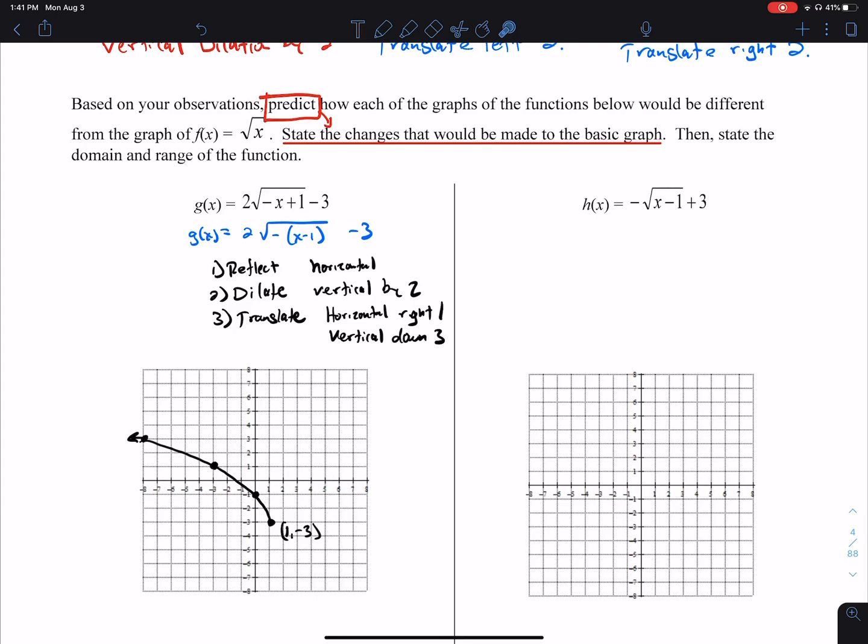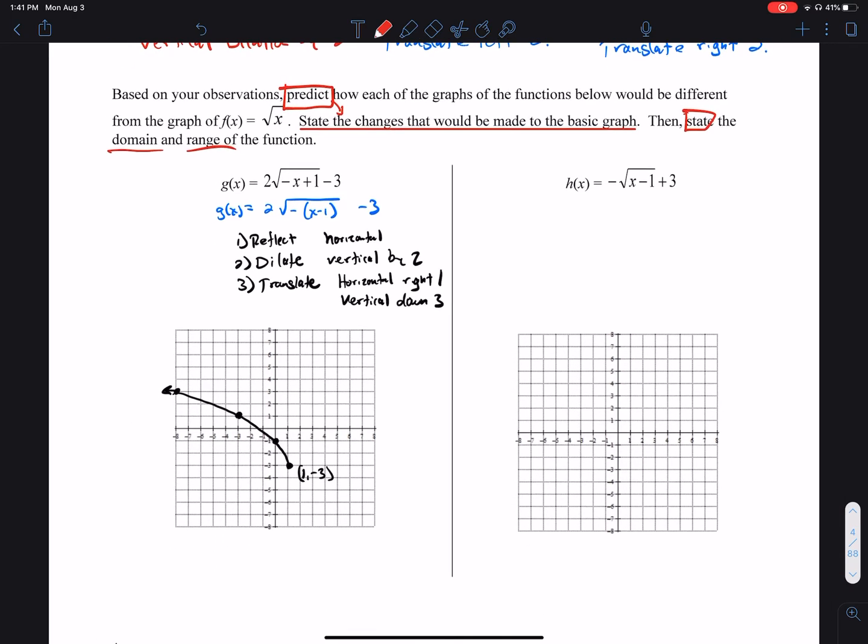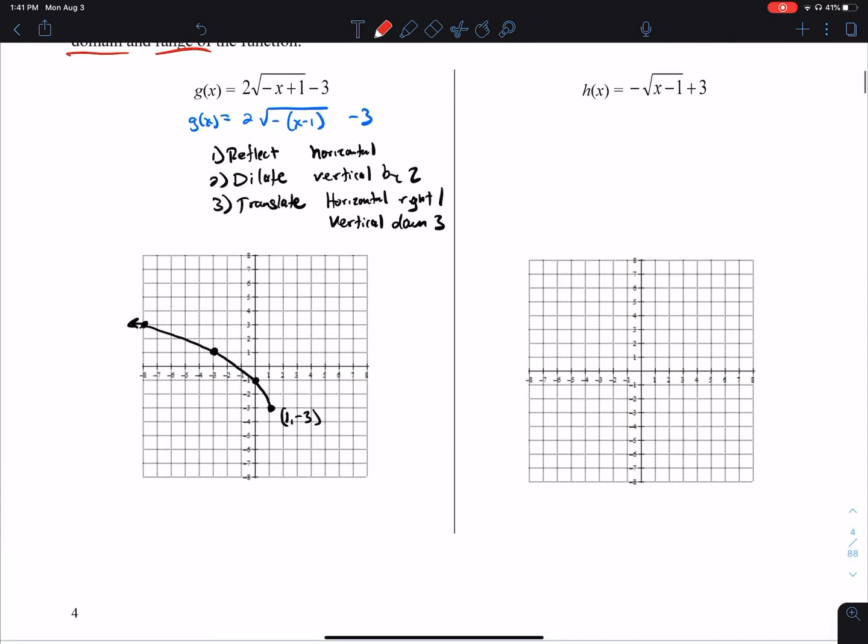It doesn't actually say to graph it, which the directions should, because I wanted you to graph it. State the domain and range. So we have to state both the domain and range. We have not done that. The domain are all the x values that we can put into this function. If you look at this, the graph goes to the far right at 1, and it goes left forever.